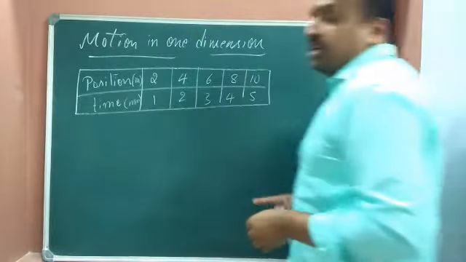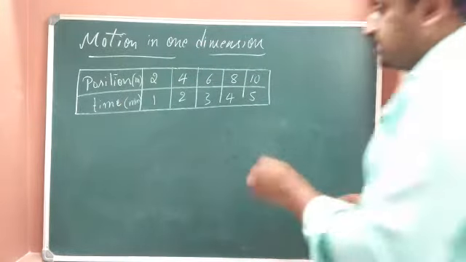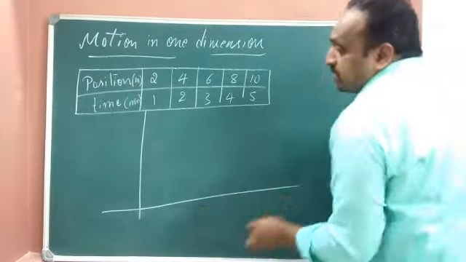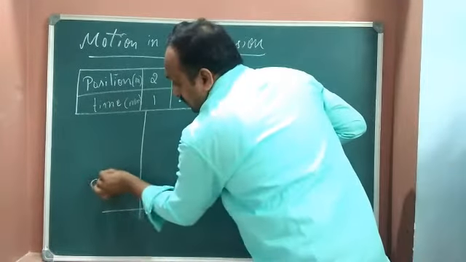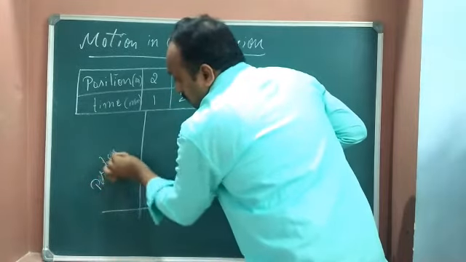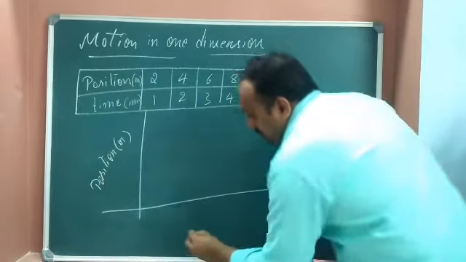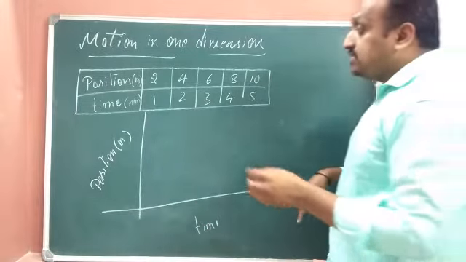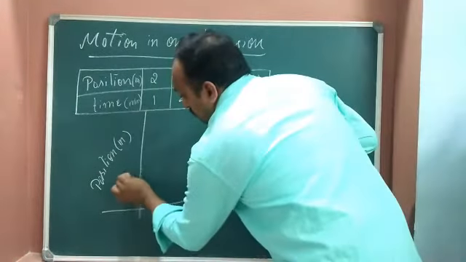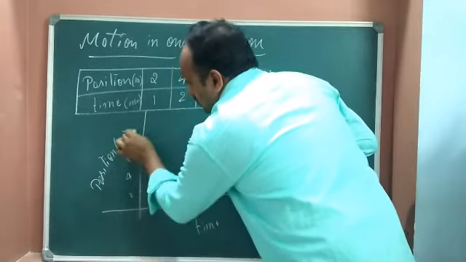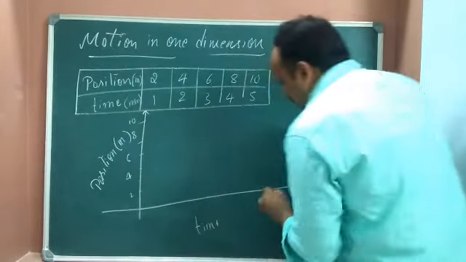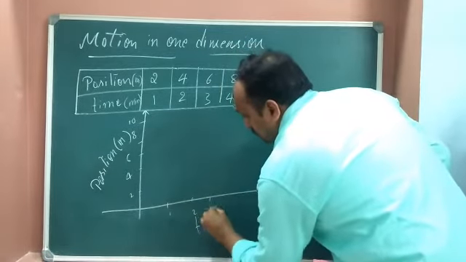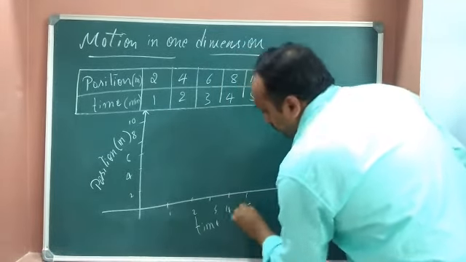So if I plot a graph now, that is position with respect to time. The position values are 2, 4, 6, 8 and 10, and the time is 1, 2, 3, 4 and 5.